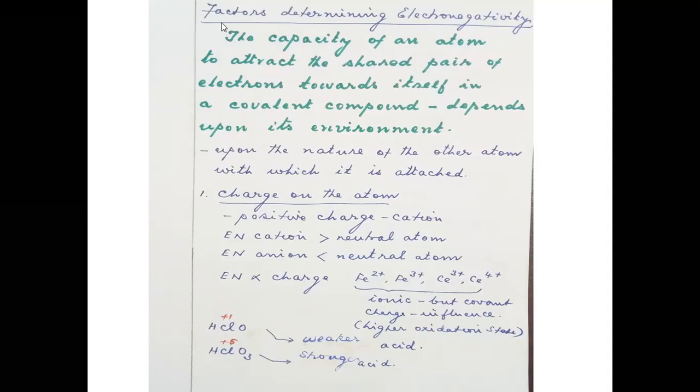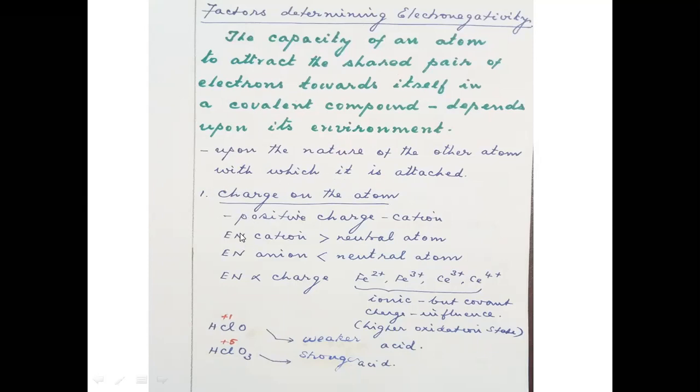So the first factor which determines the electronegativity of an atom is the charge on the atom. What is the charge on the atom?